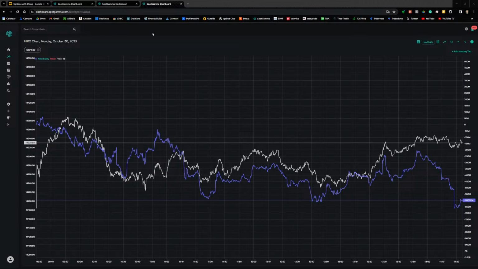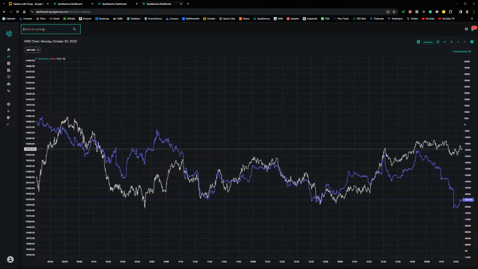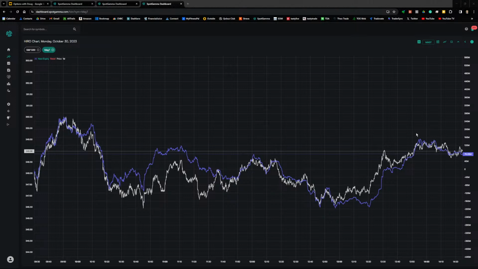Take a look at the Magnificent 7. I need to pin that. All right, so the Magnificent 7 Hero signal has not dropped as dramatically as Nasdaq.